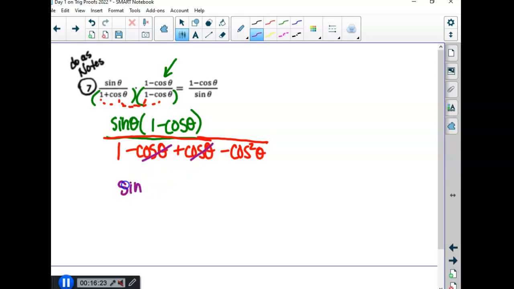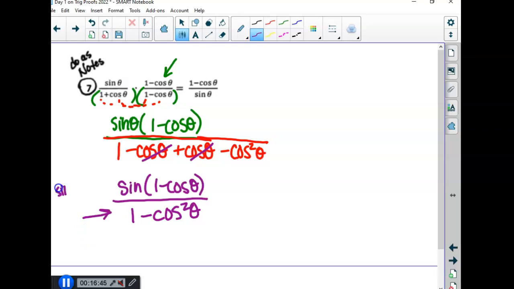So I have a sine and a 1 minus cosine theta on the top. I mean, I guess we could rewrite it as 1 minus cosine squared, but does somebody know what the trig for that is? I feel like we've used it 3 times today already.